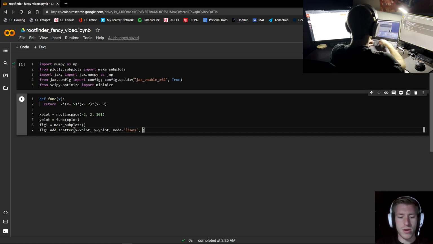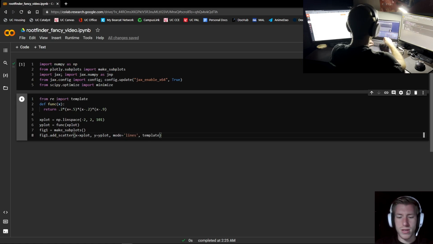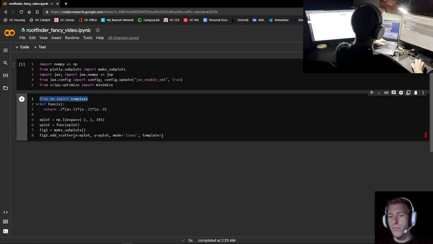And I set a template here. Template is going to be equal to, okay, it's just going to import some random template. That's not what we want to do.